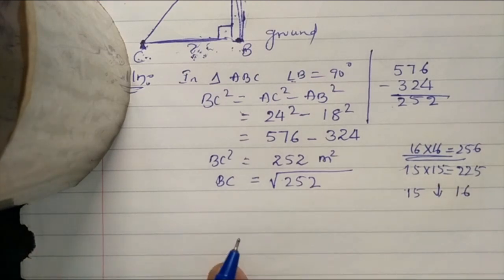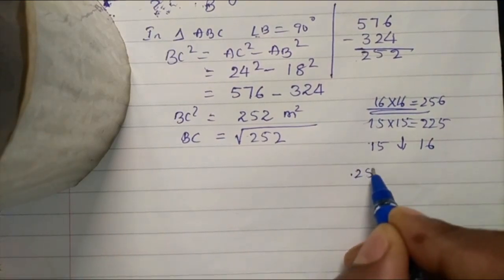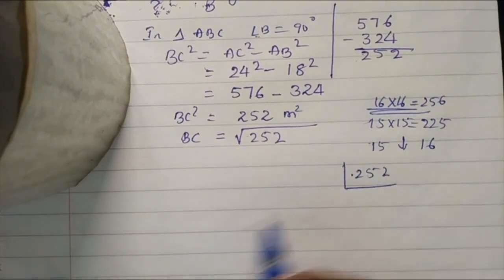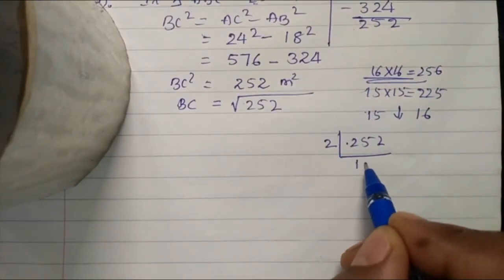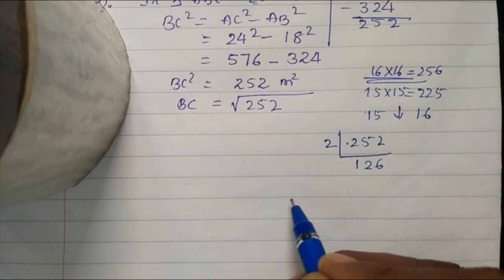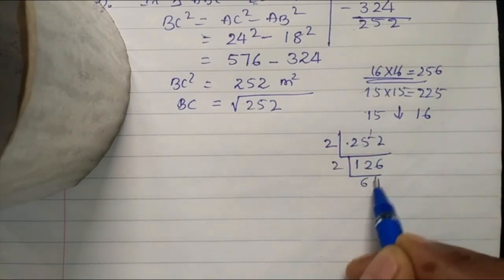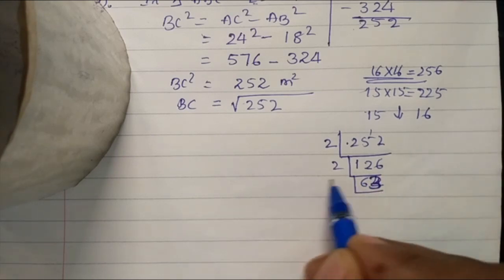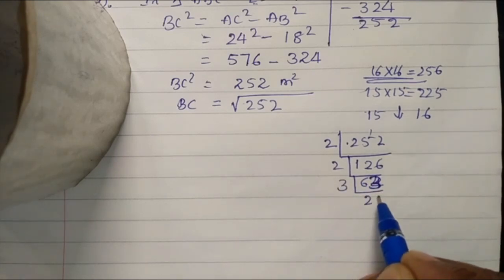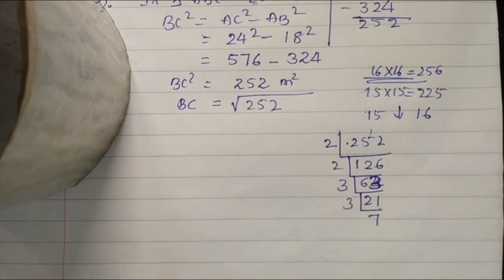So which is the correct answer? Let us go for prime factorization. Factorize 252: 2 twos are 4... dividing by 2 gives 126, again by 2 gives 63, then 3 threes are 9, 3 ones are 3, again 3 sevens are 21.